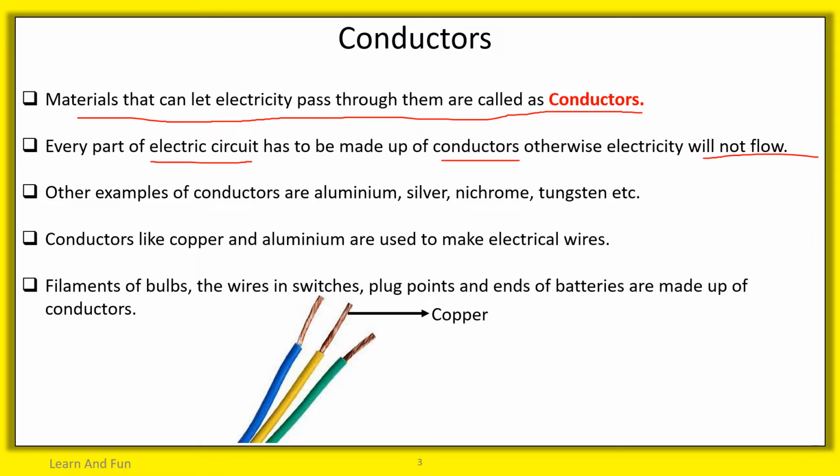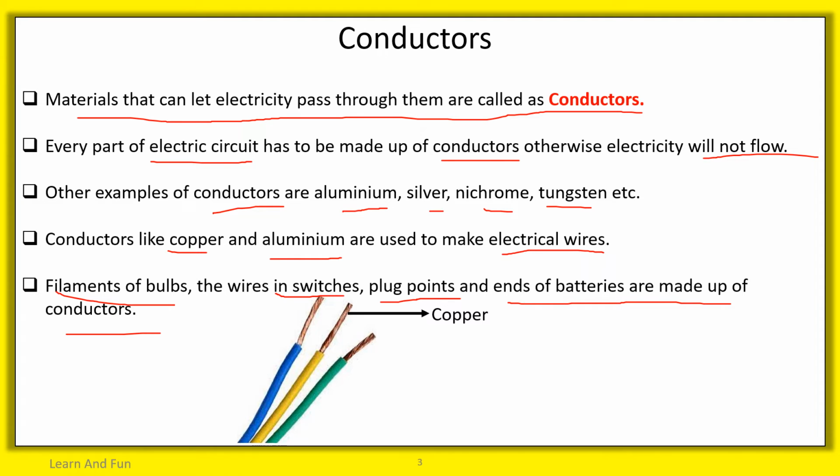Other examples of conductors are aluminium, silver, nichrome, tungsten, etc. Conductors like copper and aluminium are used to make electrical wires. Filaments of bulbs, the wires in the switches, the plug points and ends of batteries are made up of conductors.